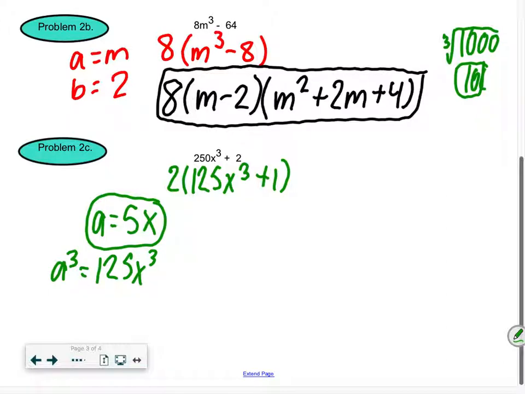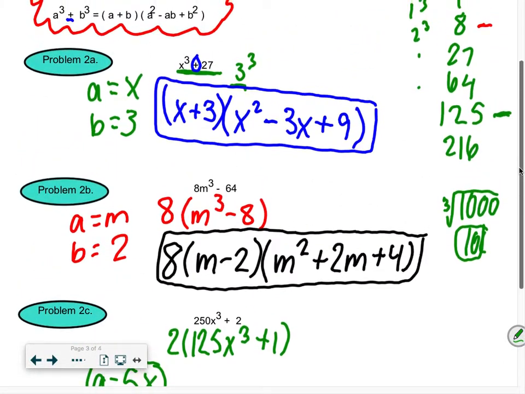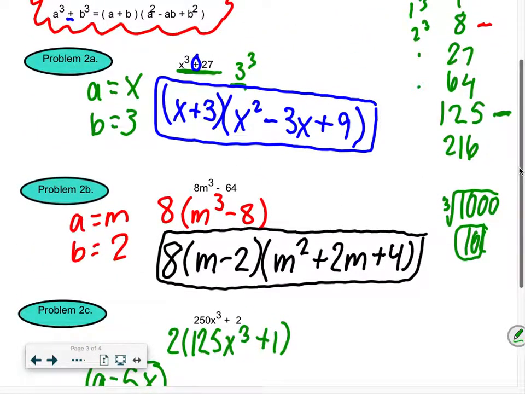What's the perfect cube of 1? 1. So my a is 5x, my b is 1. Add them together, so I have 5x plus 1.